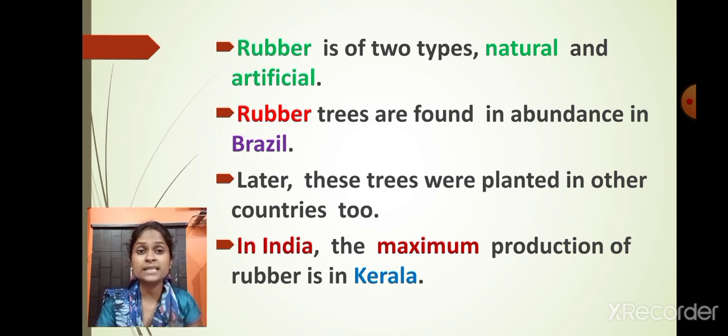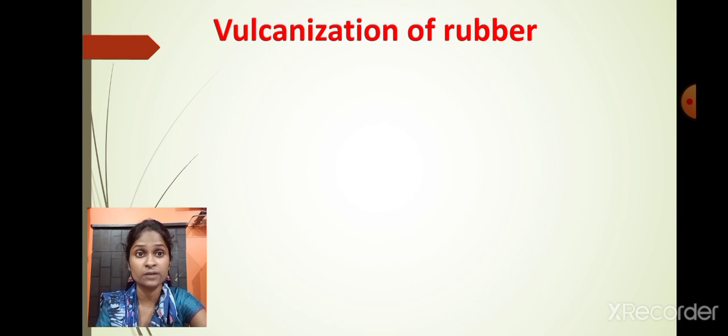Students, please remember that if I ask you which country is famous for obtaining rubber, then it would be Brazil. Suppose I ask you where in India we get the rubber, then your answer should be Kerala. Is that clear? In India, the maximum rubber production occurs in Kerala, and if we are speaking about the country, it is Brazil. Is that clear? The difference between this rubber production over here.